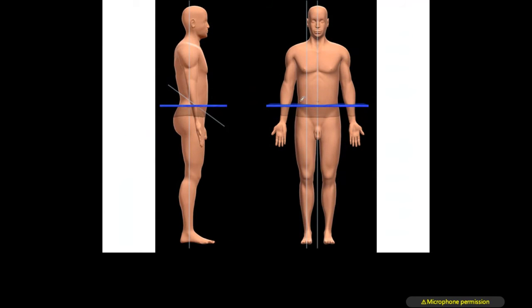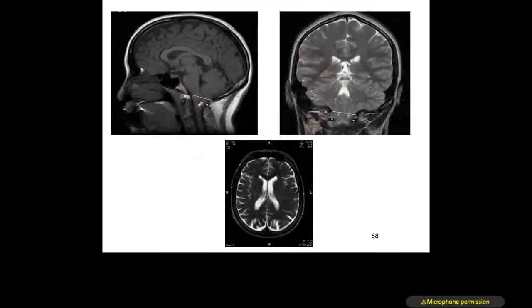So on a quiz or a test, if you saw something like this, this is the transverse plane separating into an upper and lower half.